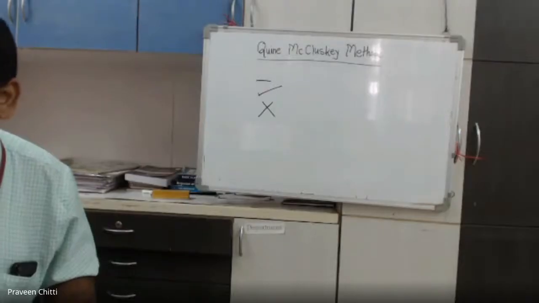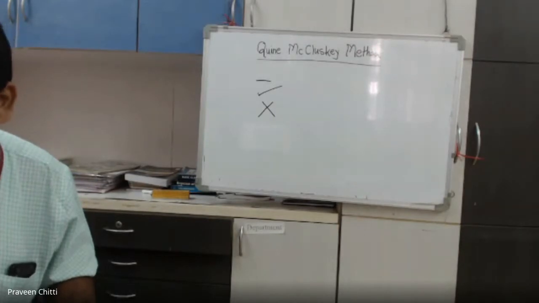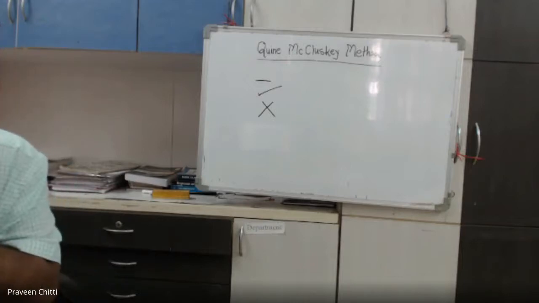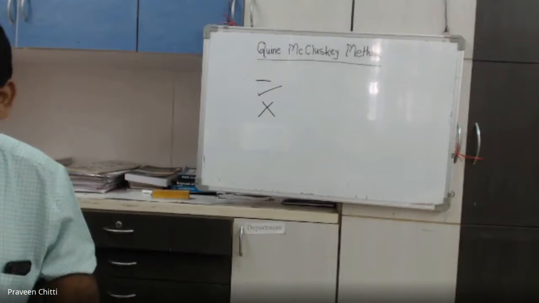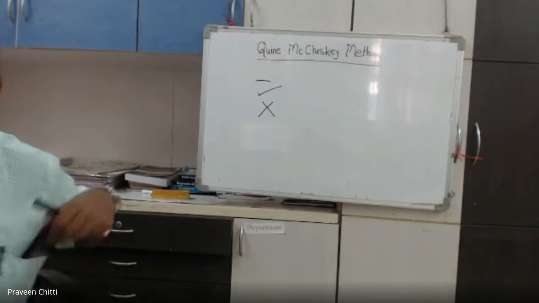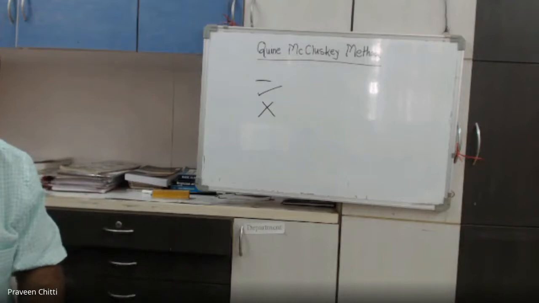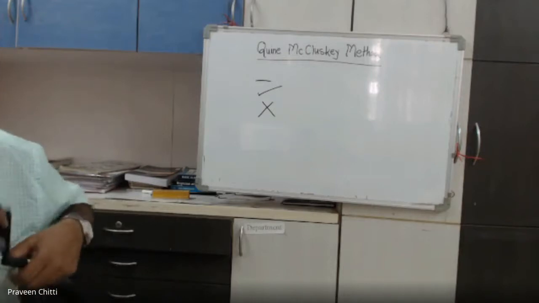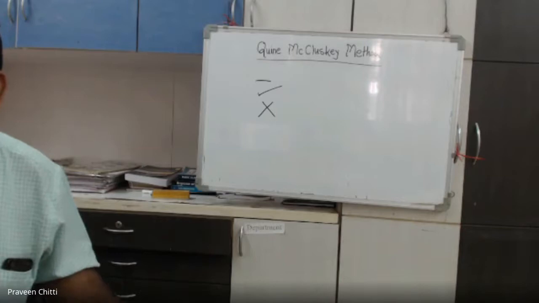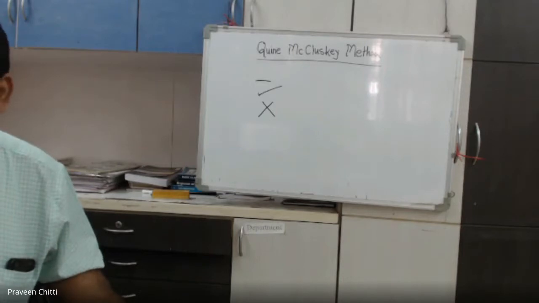The completed prime implicant chart should be inspected for columns containing single X. Chart should be inspected for columns containing single X. Such prime implicants are called essential prime implicants. Such prime implicants are called essential prime implicants. And the point D is write the simplified expression using essential prime implicants.